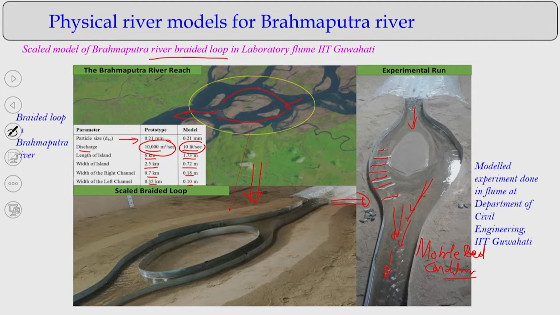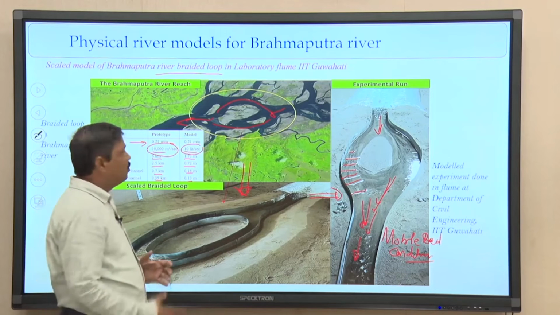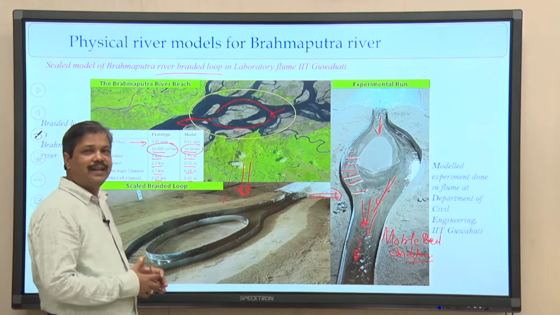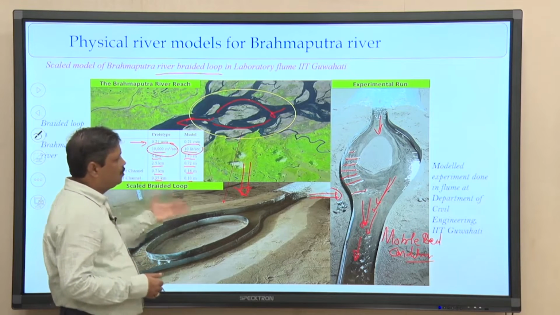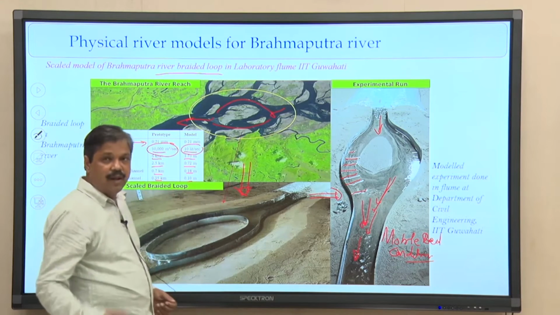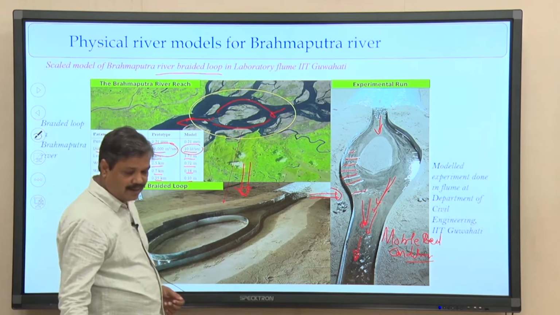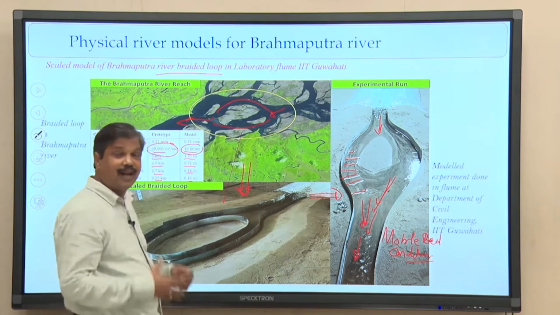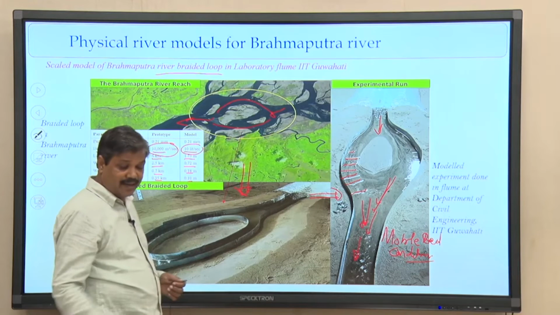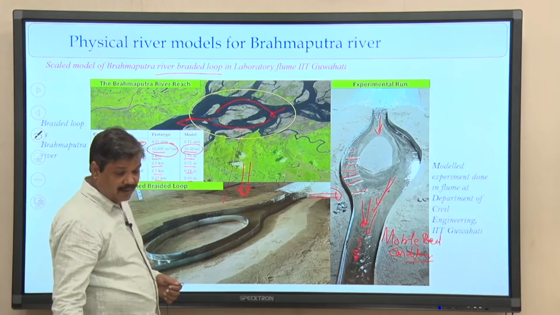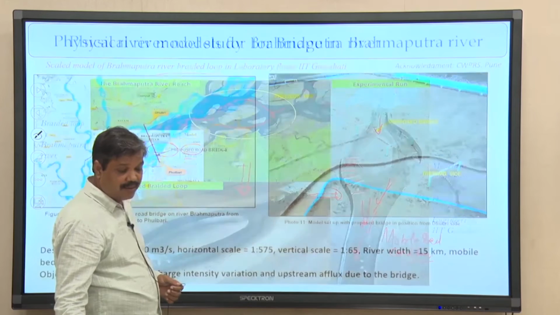That is what you can see. We always have scale down models from river to laboratory scale. Today we will discuss how to develop a scale down model, and we will discuss it in more detail.